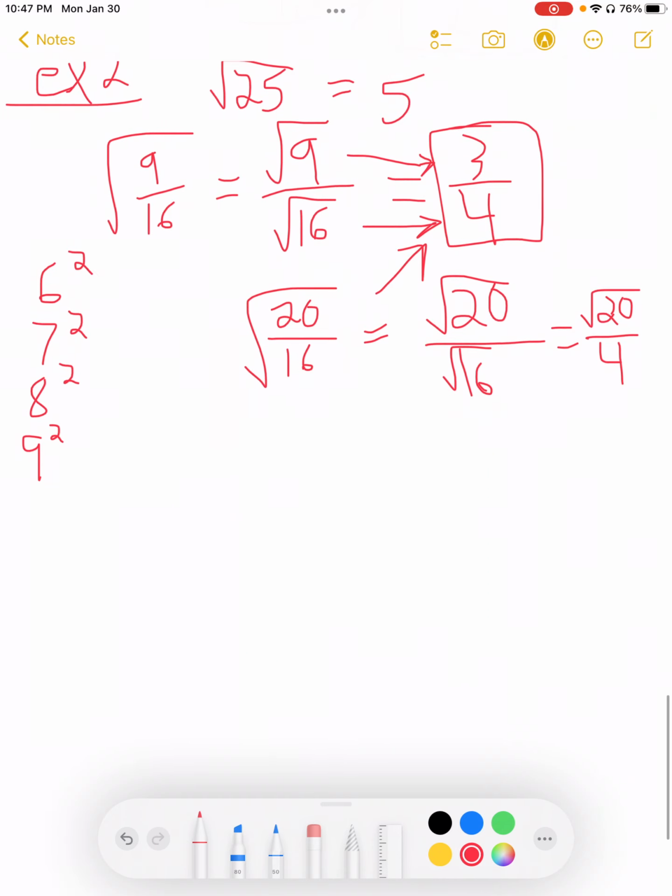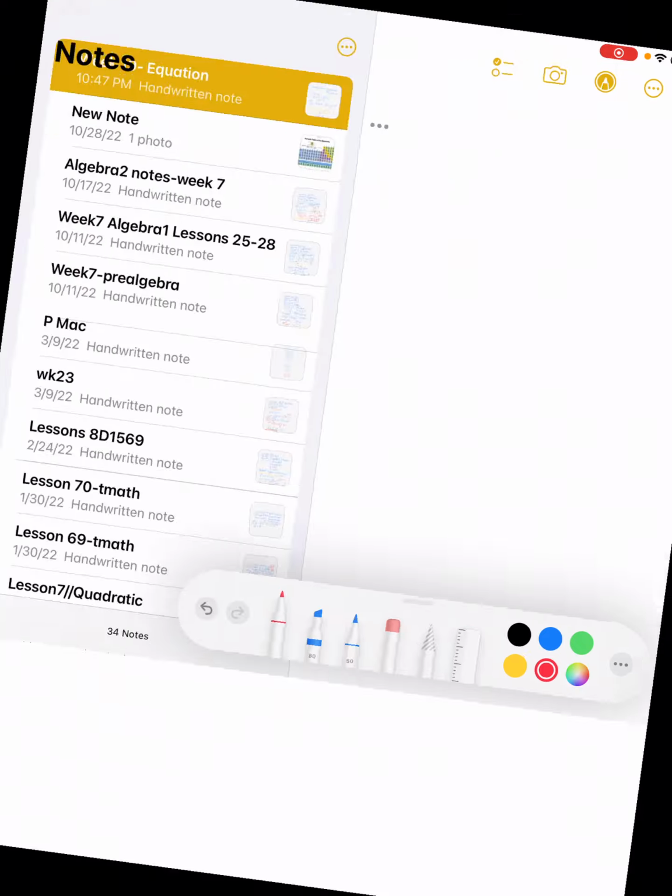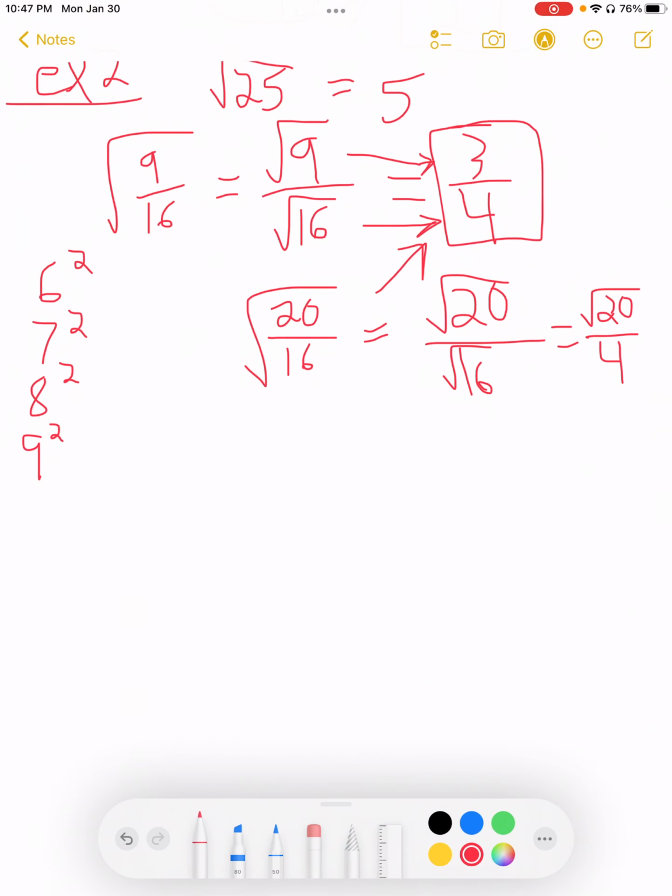Okay, so on to our last lesson for the week. So we talk about graphing inequalities, okay? Hopefully that didn't mess anything up here. I need to get a sip of water here.